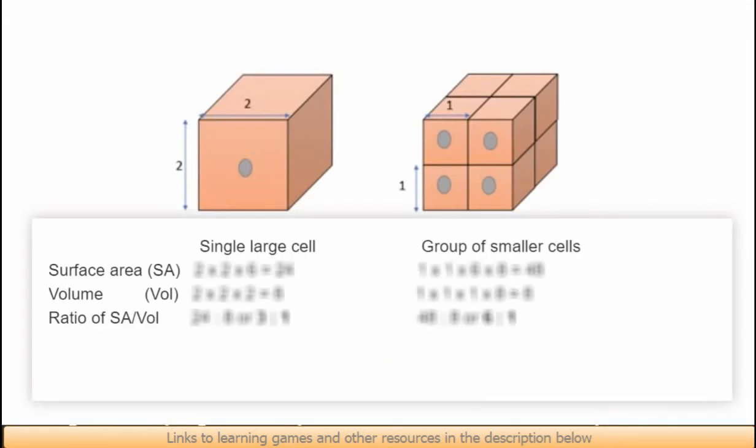This increased surface area to volume ratio of smaller cells is why cells are as small as they can be while still containing the chemicals needed for life processes.